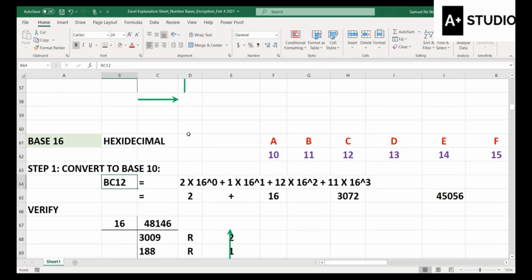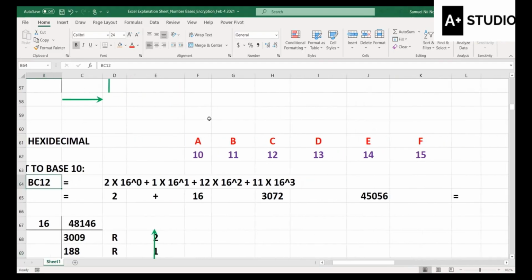Remember I told you that base 16 is made up of 0, 1, 2, 3, all the way up to 9, then followed by A, B, C, D. So if I give you a value like BC12, and I'm asking you to verify that this is base 16, what are we supposed to do?